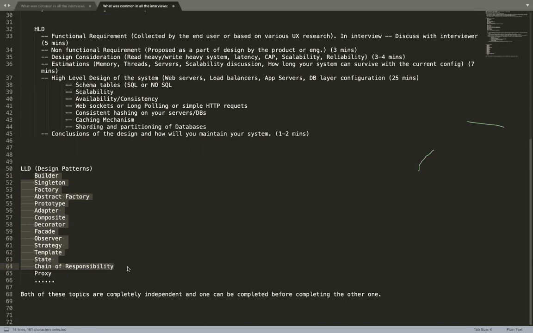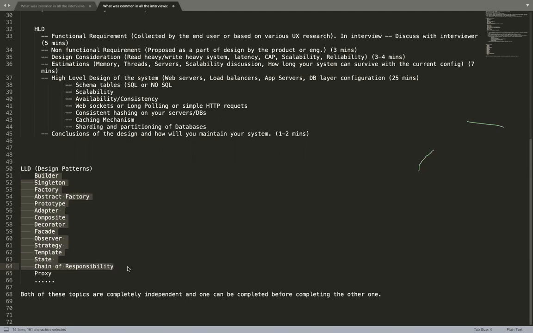You will be able to identify which design pattern to use, and you don't need to know the name, you just need to know how it works. That is what we'll try to explain as a part of this course. It's good if you know the names, but it's very important that you can come up with a solution when a low level design problem is given to you. There might be many more patterns discussed as a part of this.